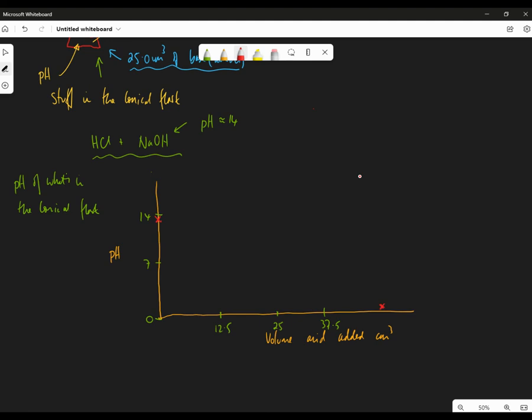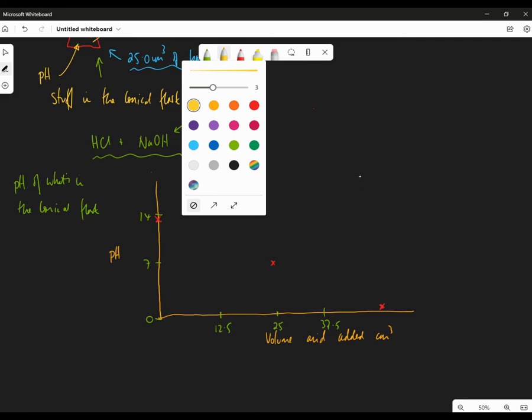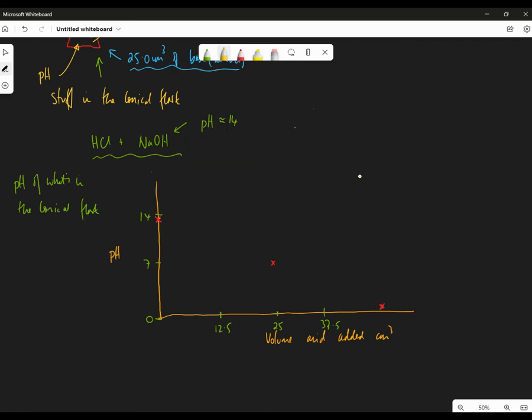Now the other thing I can say is at 25, the pH is going to be neutral. Okay, so the shape of the graph looks something like this. It's going to go down like that, and then quite dramatically it's going to go through there, and then it's going to look something like that.